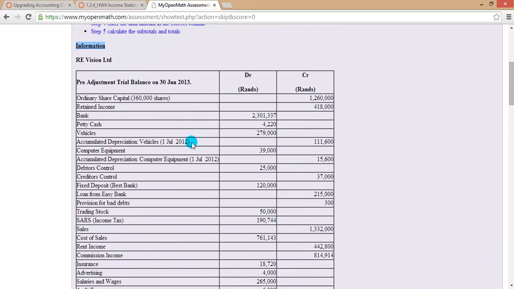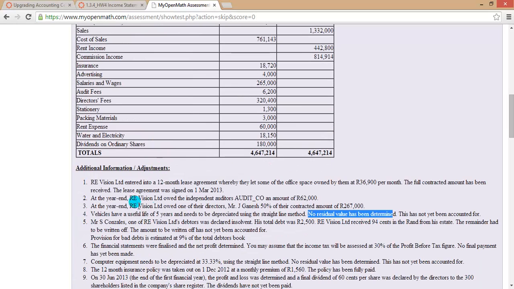You can also see here, just something to note, that the date for the accumulated depreciation is the 1st of July 2012. Our year end is 30 June 2013. So this means this accumulated depreciation has not yet been updated, which we know already because the information told us. This has not yet been accounted for.